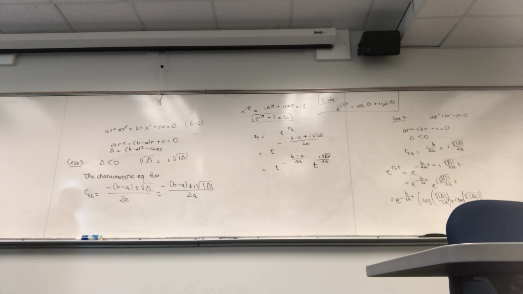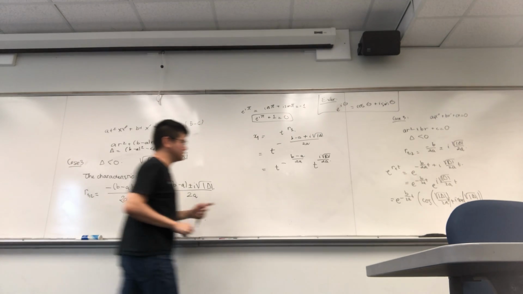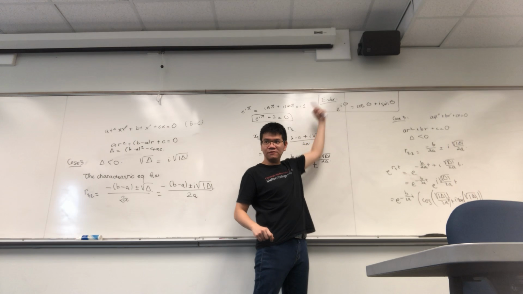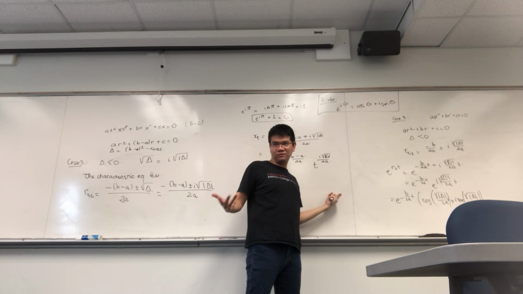How can I do it? We need the exponential to use the Euler formula, but here you have a polynomial. You want to use the Euler formula, but here you have a polynomial, so how can you do it?